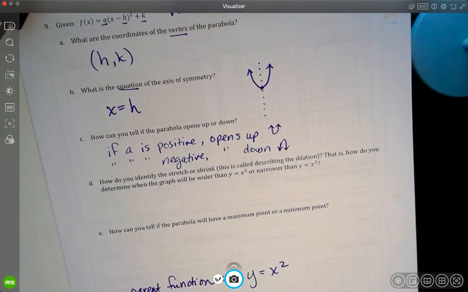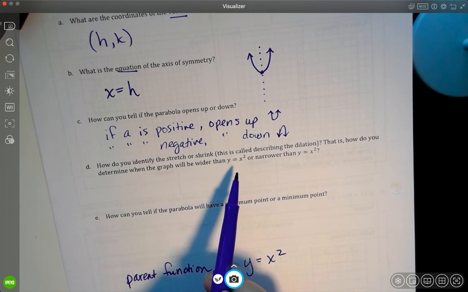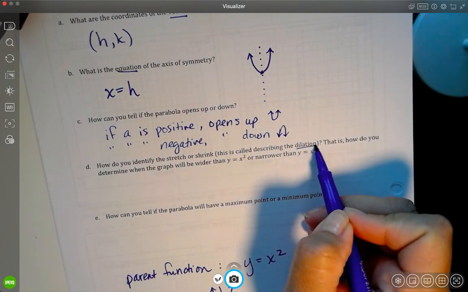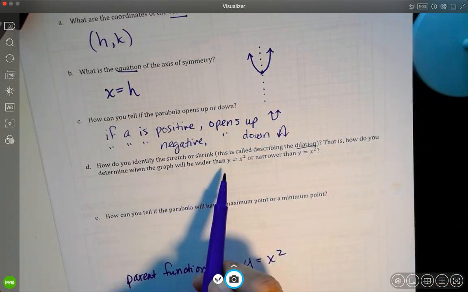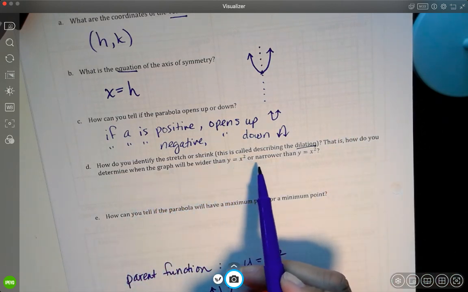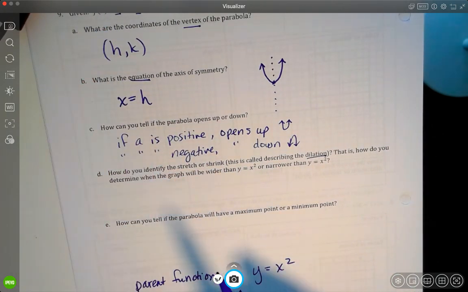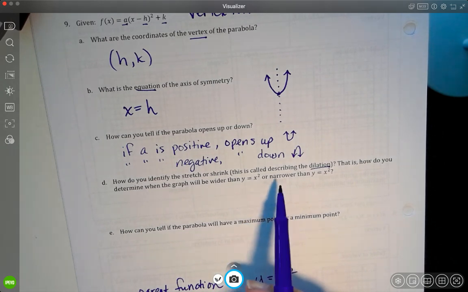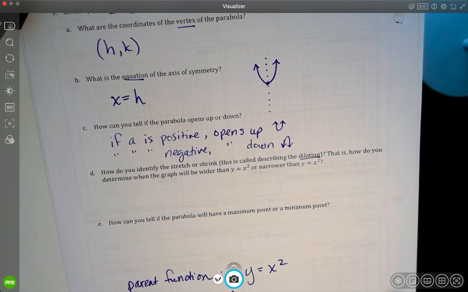Okay, how do you identify the stretch or shrink? This is called describing the dilation. That is, how do you determine when the graph will be wider than the parent function or narrower than the parent function? Okay, A also has this role of deciding whether the parent graph is going to be wider or narrower.